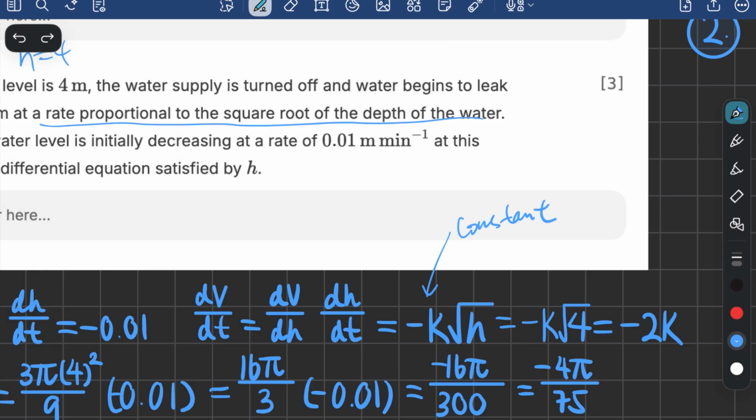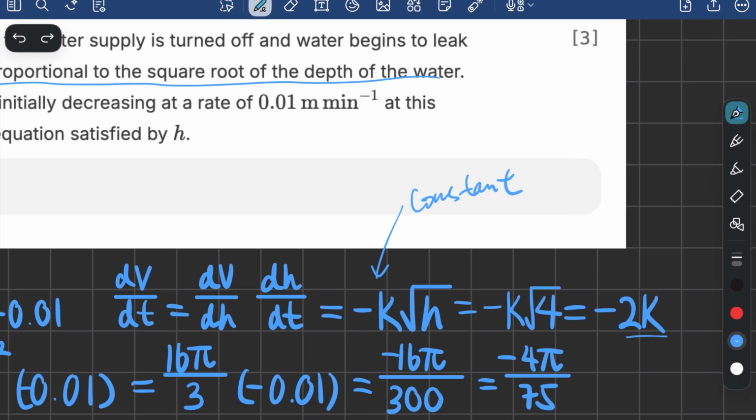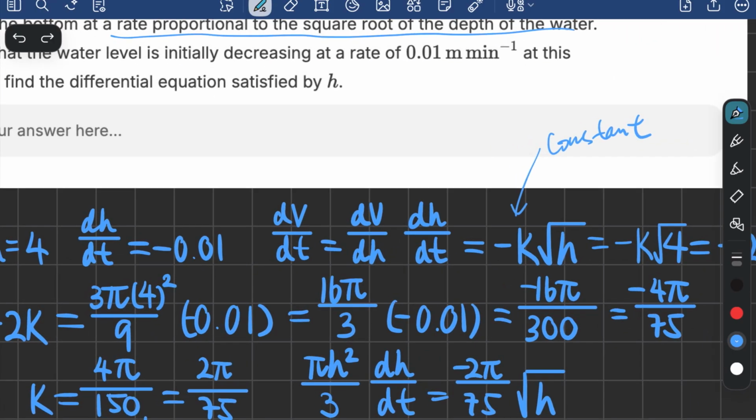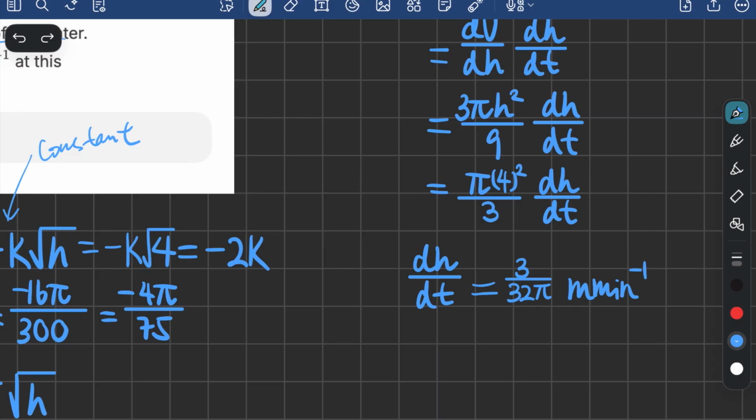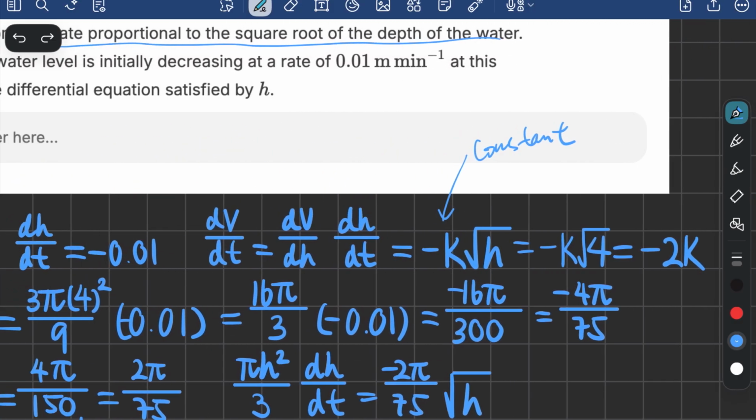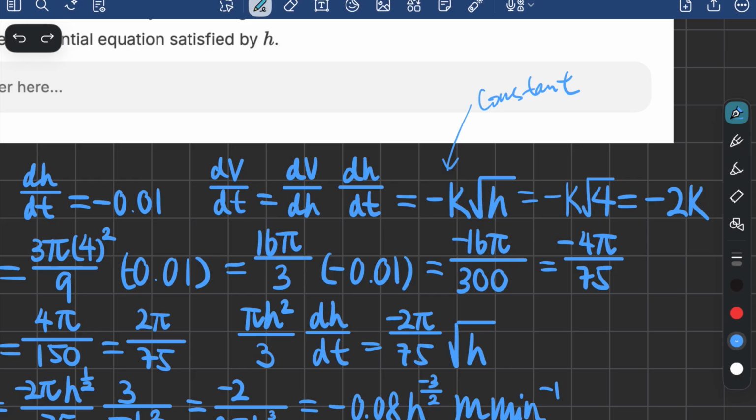And let's insert h equals 4, so we have negative 2k. And now we can utilize this thing we have seen multiple times to help us solve for k. So negative 2k equals dV/dh, which is exactly what we did before, times the given dh/dt, which is this negative 0.01. Now we just have the numerical values for this, and we move around and combine and simplify.